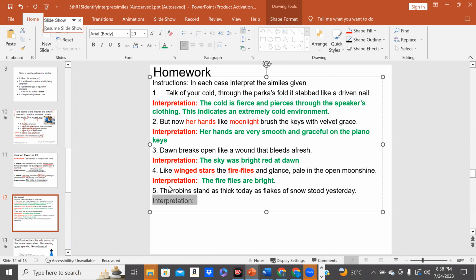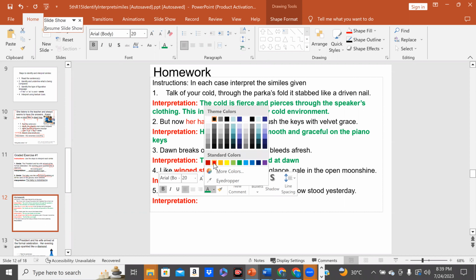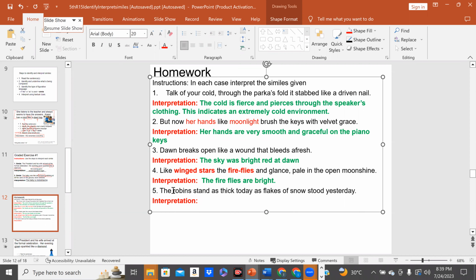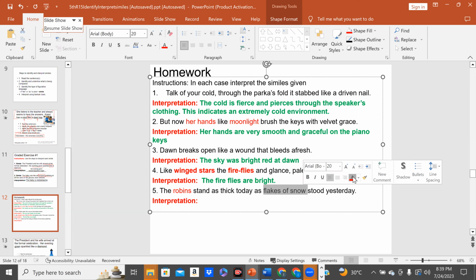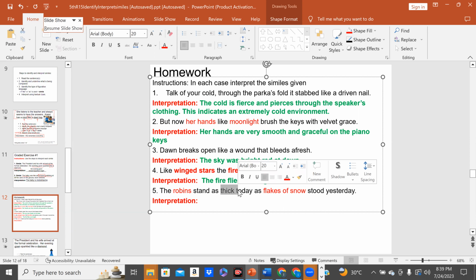So what two things are being compared? The snowflakes and the robins, right? What do we know about snowflakes? Snowflakes are abundant. There's a lot of them. And it says that they stand as thick today. Maybe you've never seen it since you live in the Bahamas, but persons who go away might see it. If flakes of snow gather up, they become thick, right?